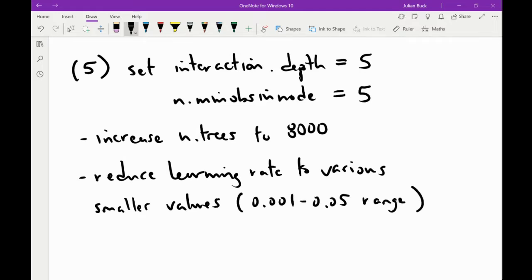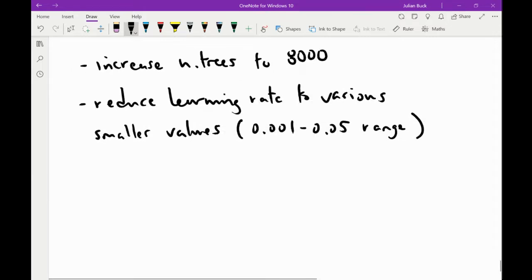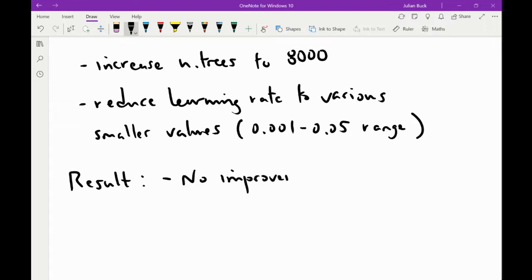Try out values in that range. But the result is actually that it doesn't really help. So there's no improvement in root mean square error over what we had before, over what we got at step 4.